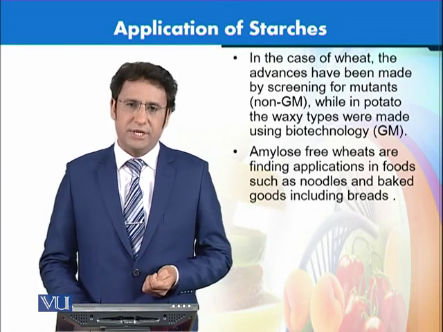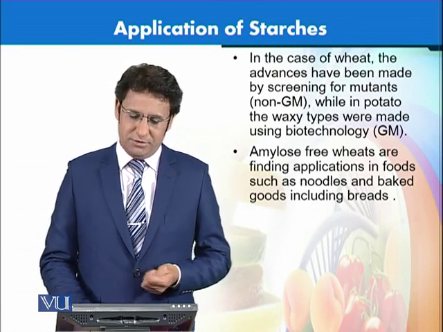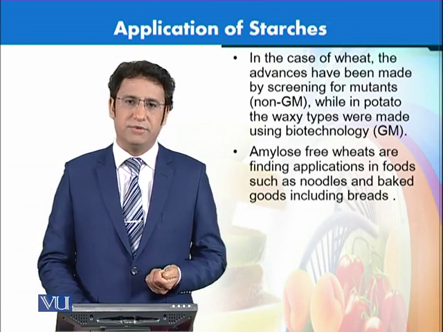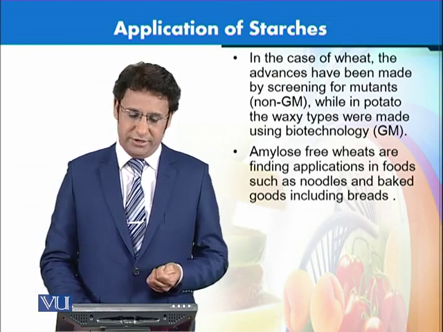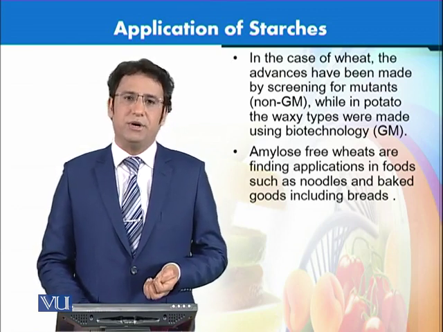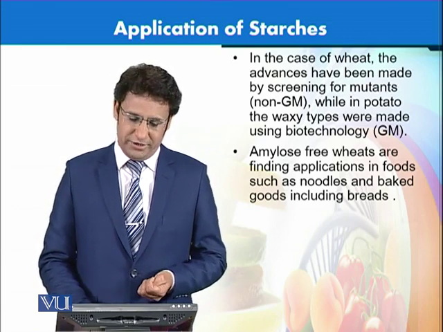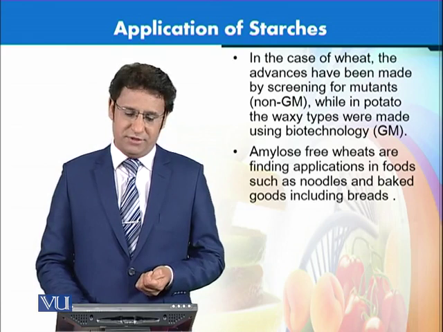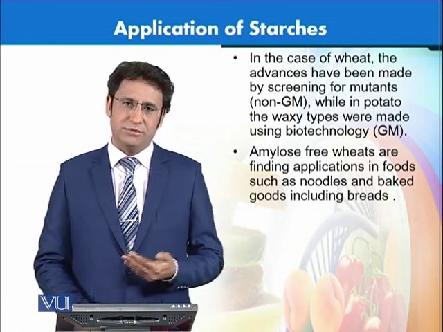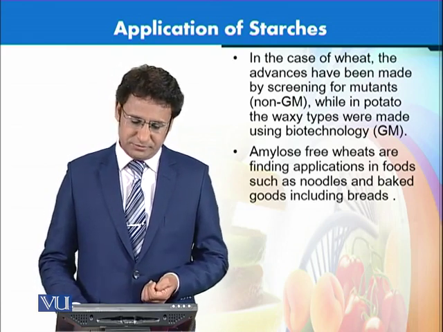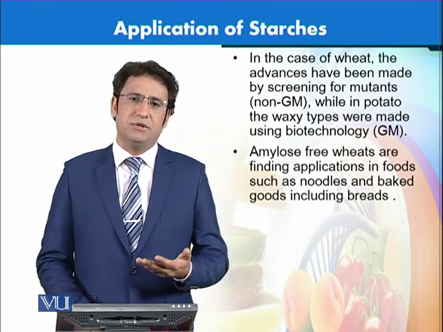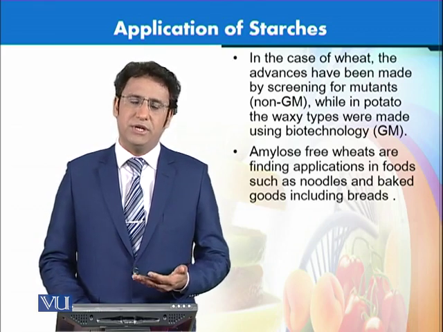For example, in the case of wheat, people have developed certain mutants. They are not genetically modified mutants. But in the case of potatoes, people have developed GM or genetically modified crops, with all those desirable changes in the starches. For example, amylose-free wheat has been produced.